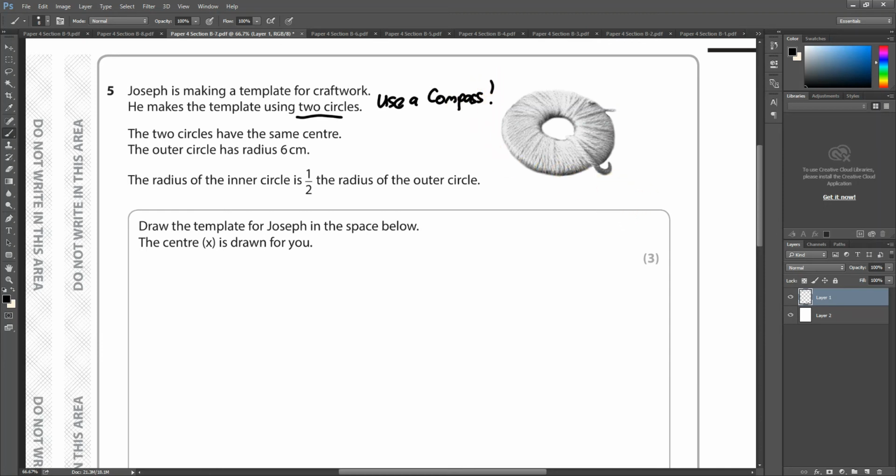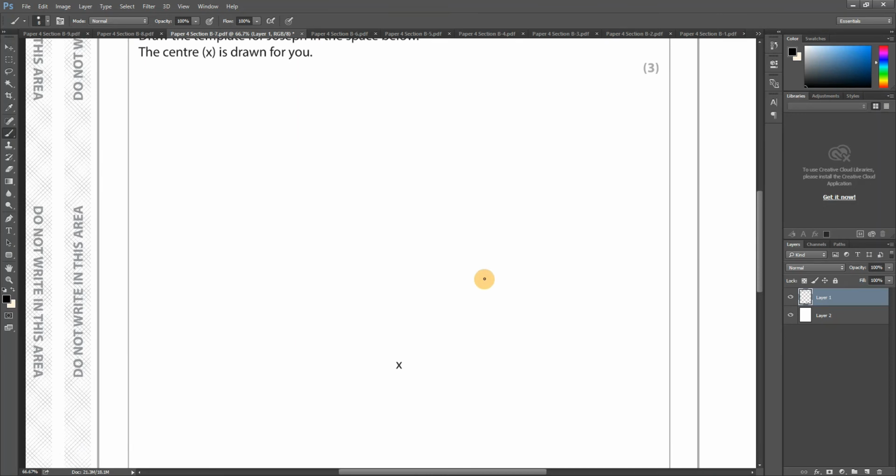How am I going to do this on here? I'm not too sure. I'll tell you what, I'm going to use my funny little compass on my screen, and let me just explain what they're going to look like. The 2 circles have the same center, so when you do it, you're going to put your compass point on the cross, and you're going to go all the way around with your circle.